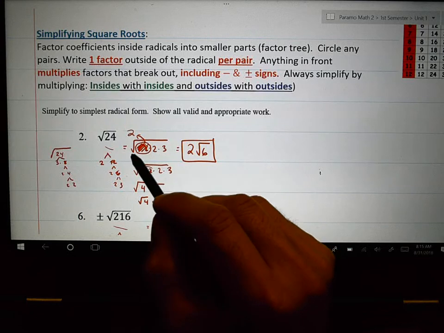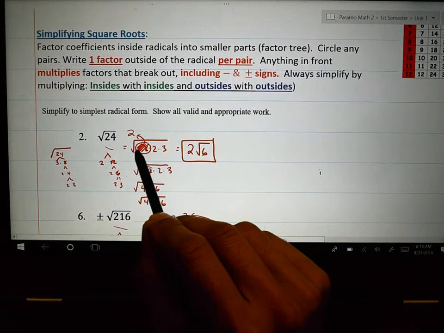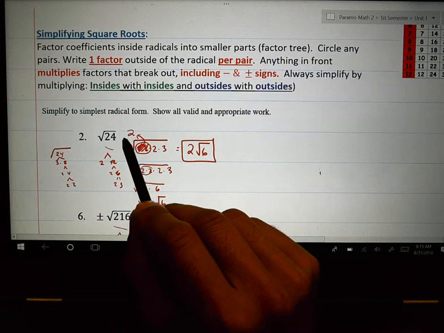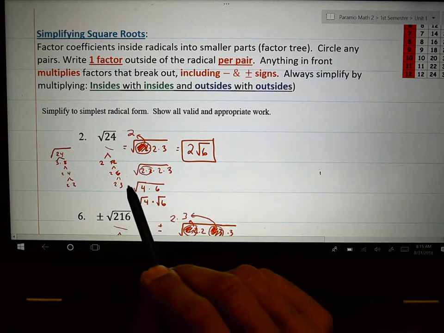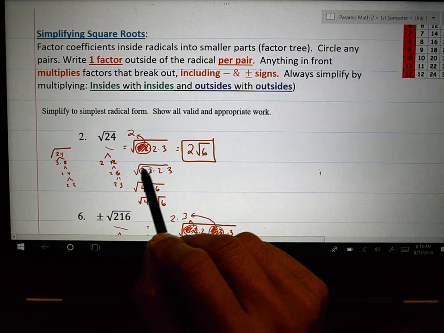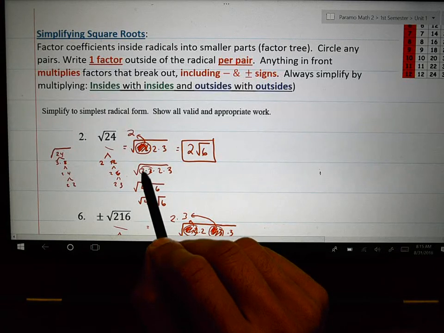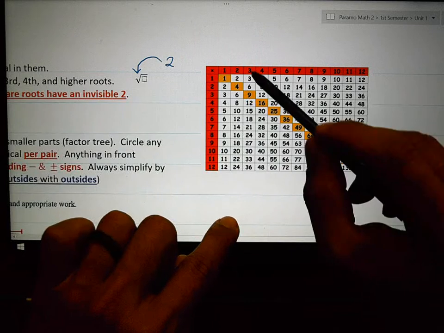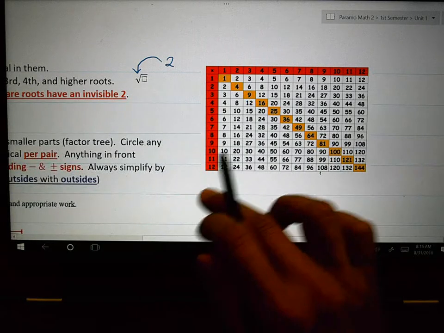There you go. But actually, it's just really because 2 times 2 is 4, and the square root of 4 is 2. That's the real reason why only one of these breaks out: for every pair, that represents one of those perfect squares down that yellow diagonal that we talked about with our times tables.